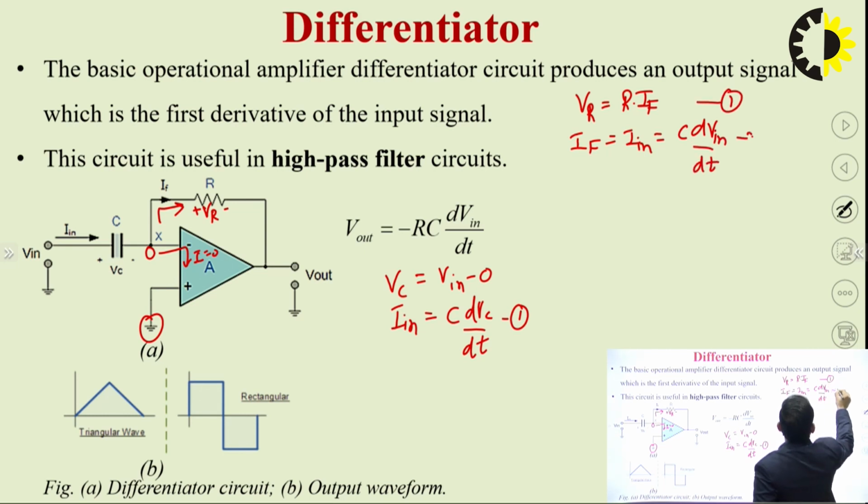So this is equation number 1, and this is equation number 2. We utilize equation number 2 in equation number 1, and we get VR equals RC dV in by dt.